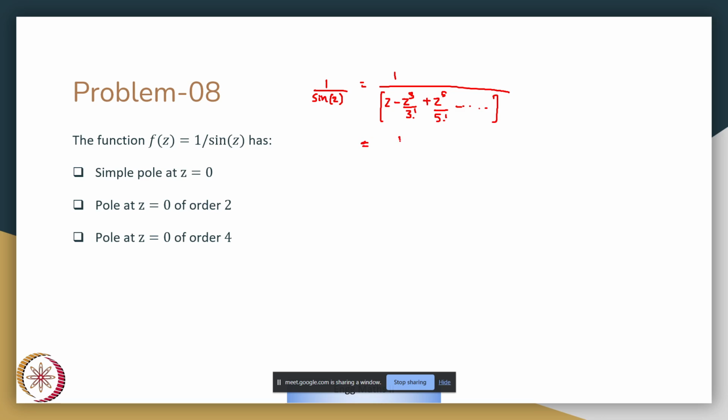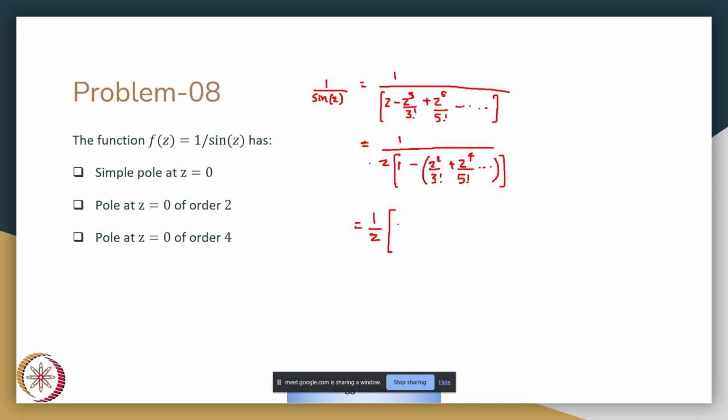If I take the z outside, it's 1 by z times 1 minus z square by 3 factorial plus z to the 4 by 5 factorial and so on.